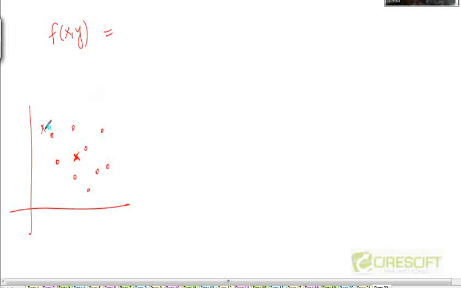So if one of the points was (x1, y1), if the other one was (x2, y2), (x3, y3). Actually let me call these a1 and b1.